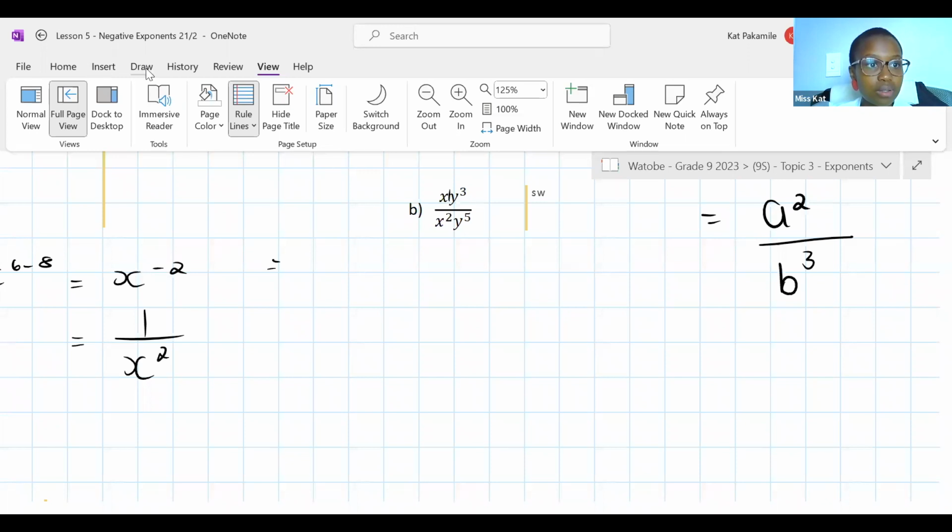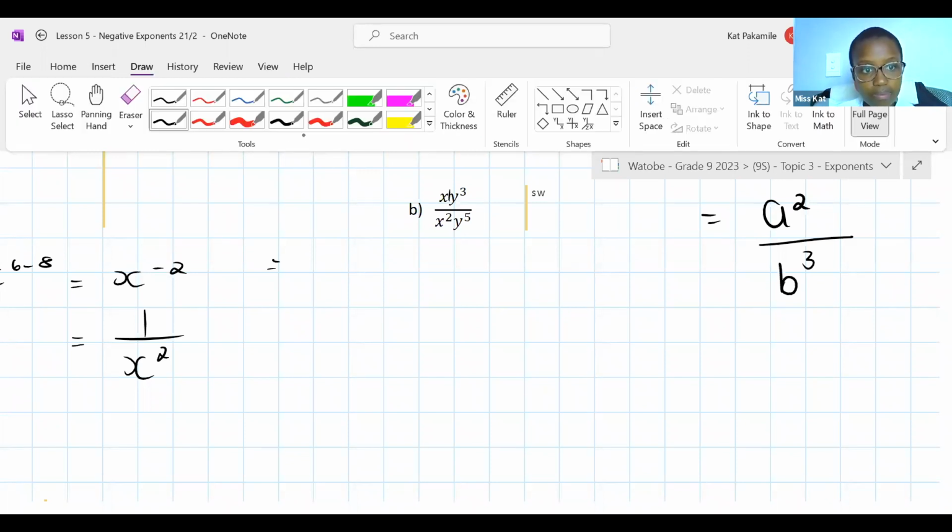So x to the power of 1 minus x to the power of 2 is equal to x to the negative 1. Okay, be careful. So it's x to the power of 1 minus 2, right? Not x to the minus power of 2. You get what I'm saying, but I understood what you meant.